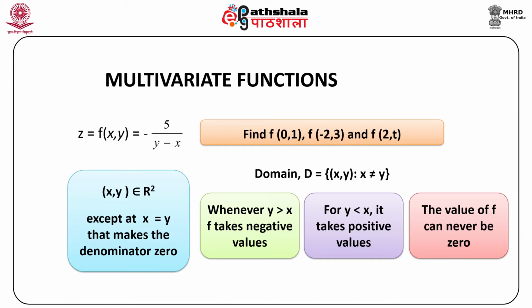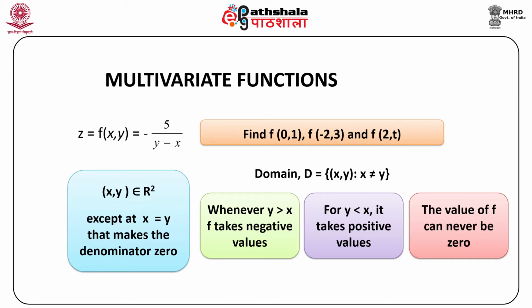The given function is defined for all (x, y) belonging to R square except at x equal to y. That makes the denominator 0. Thus, domain D is equal to the set of (x, y) such that x is not equal to y. The reader may note that for each ordered pair (x, y) in the domain, f assigns a unique value to z.